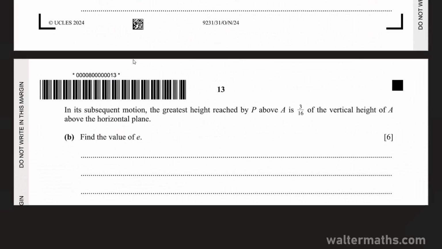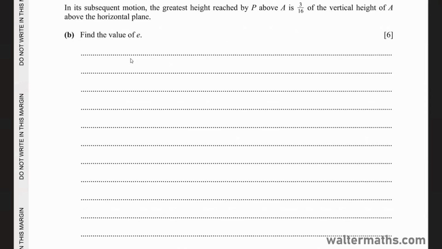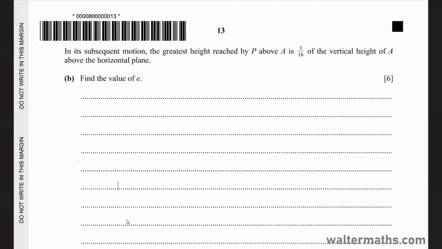Let's go to part B, where it says, in the subsequent motion, the greatest height reached by P above A is 3/16 of the vertical height of A above the horizontal plane. So in B, find the value of E. To answer this question, we are going to start by calculating the vertical height of A above the horizontal plane.